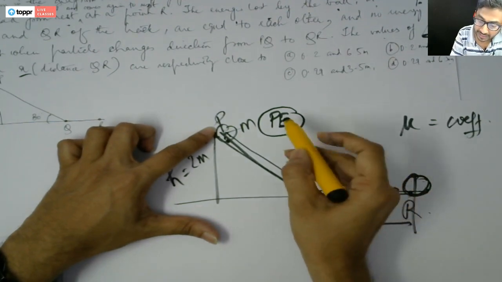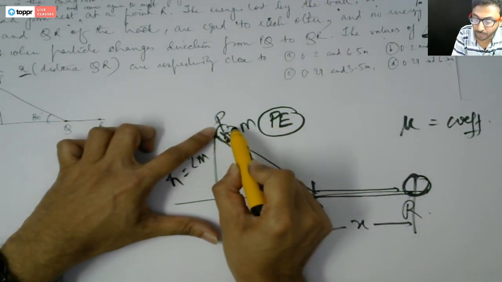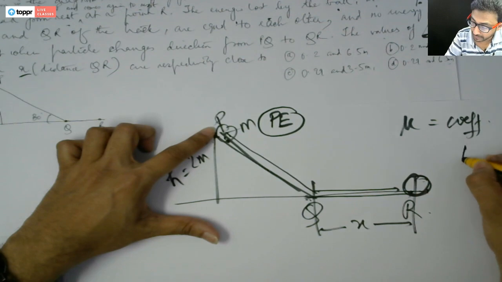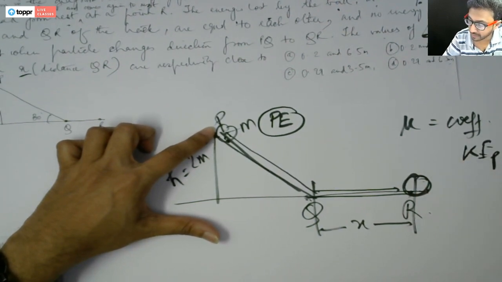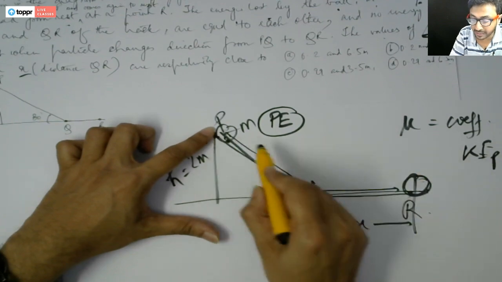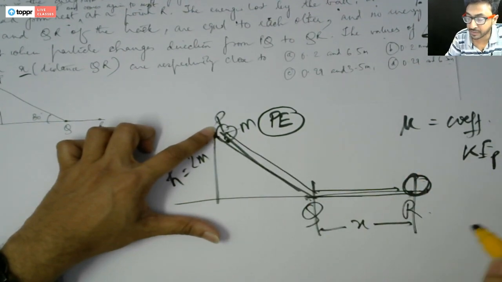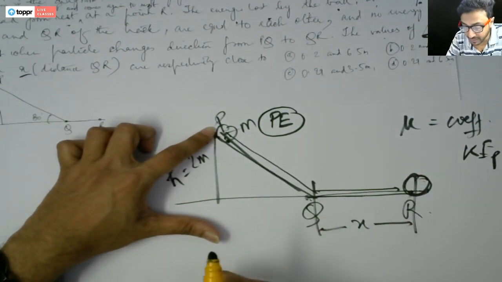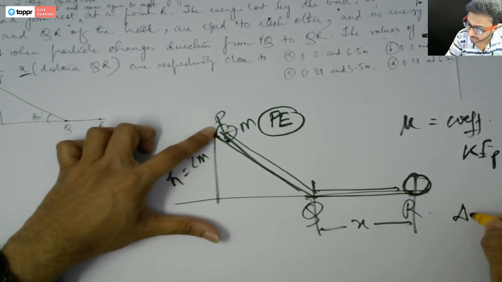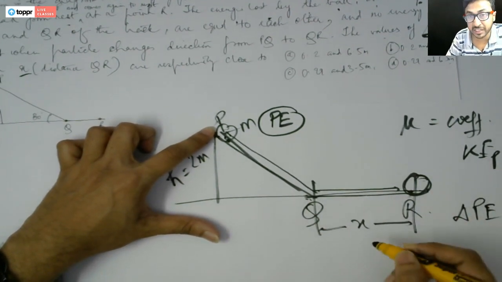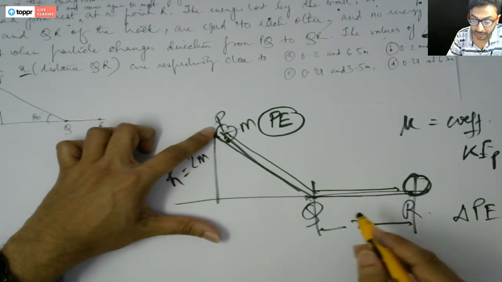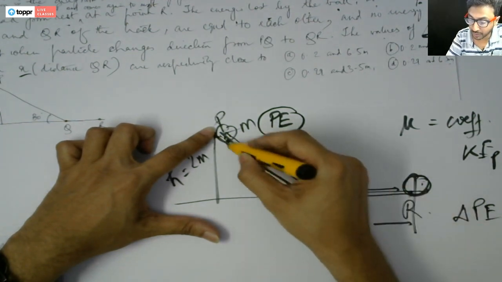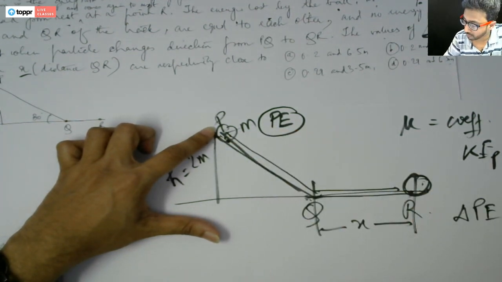So finally, as the kinetic energy of the body at point P and at point R, the initial and the final point, is 0, we can definitely say the change in potential energy is actually contributed to the work done by friction.